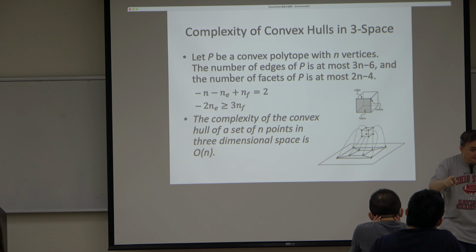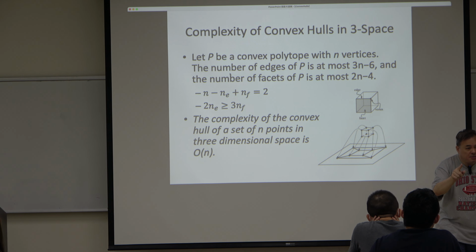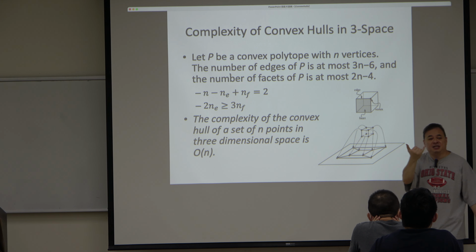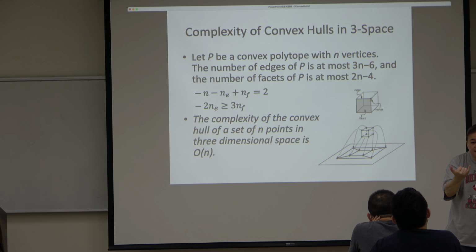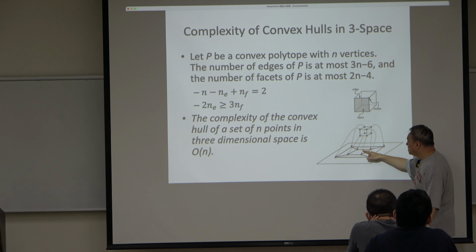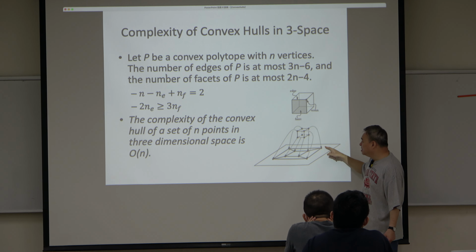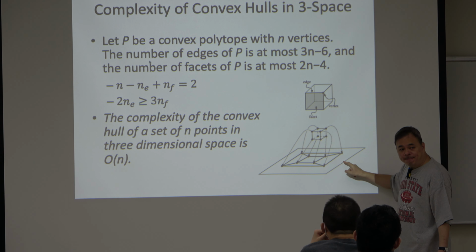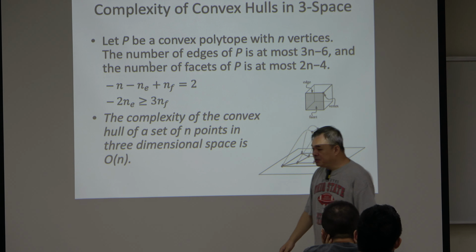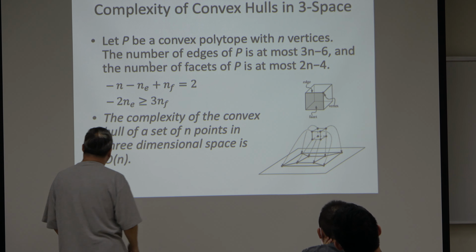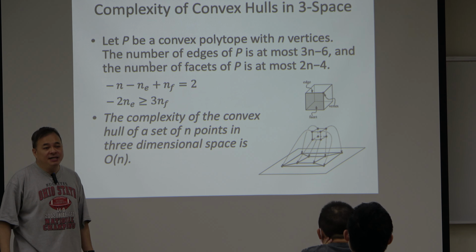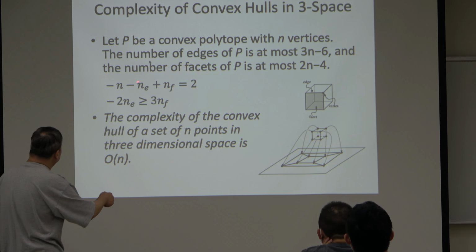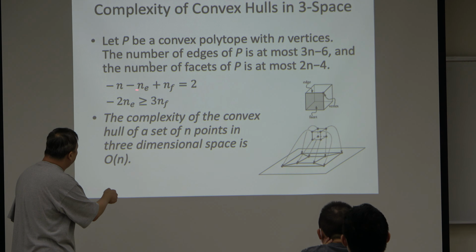This is very interesting. The cube has 6 faces, and if you look here, you have 6 faces too: 1, 2, 3, 4, 5, 6, including the outside face. Because of that, we can apply the Euler formula directly here.